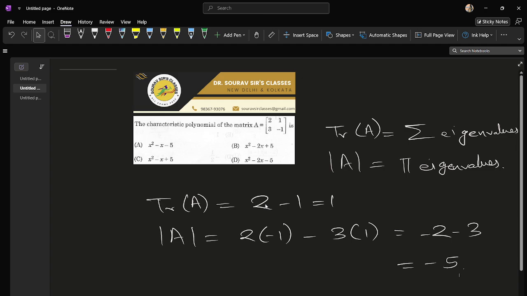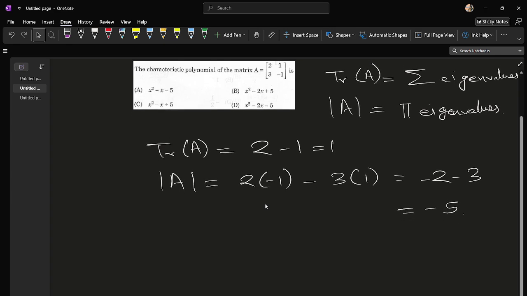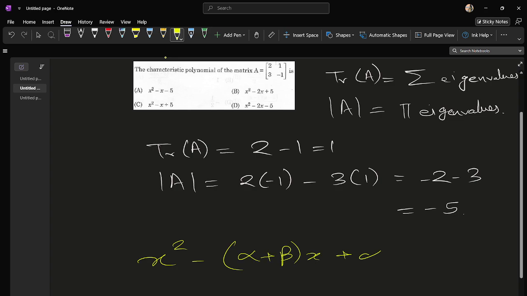So now there are two elements here, that means our matrix is a 2 cross 2 matrix, so there will be only 2 eigenvalues. For two roots we can write the equation which is satisfying this. That will be x square minus (alpha plus beta) x plus alpha beta equals 0, if alpha and beta are the roots of the equation.